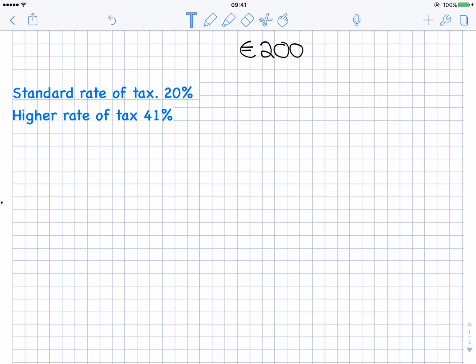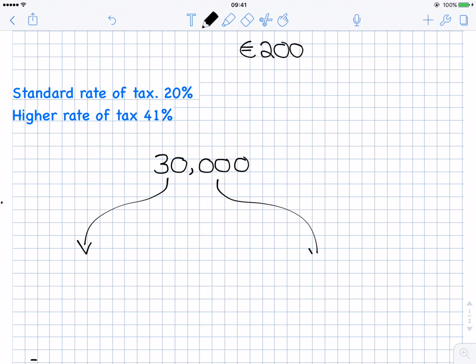So for example, you might earn €30,000 per year. Some of that will be taxed at 20% and some of it will be taxed at 41%. So for example, up to 28,000 might be at the standard rate of 20%, and the remaining 2,000 will be at the higher rate of 41%.